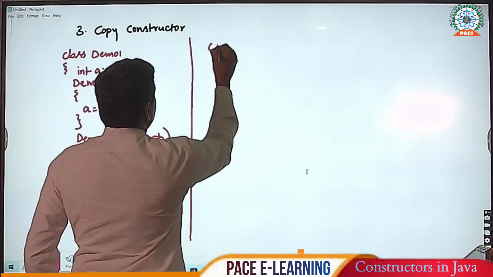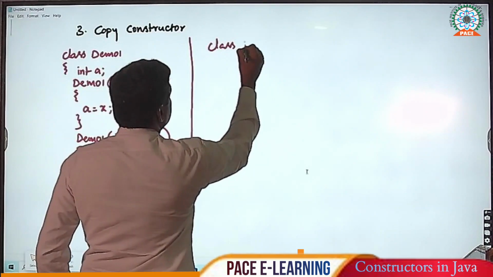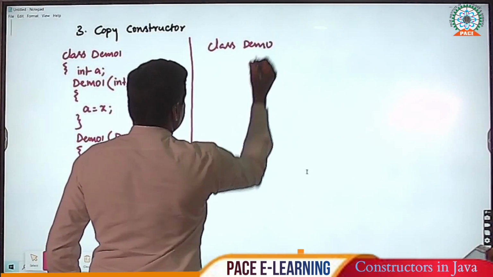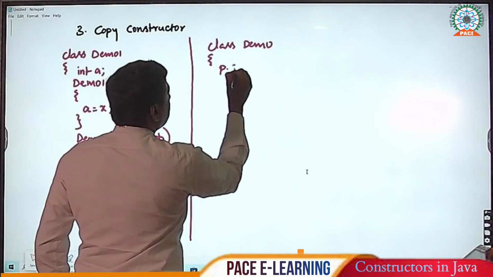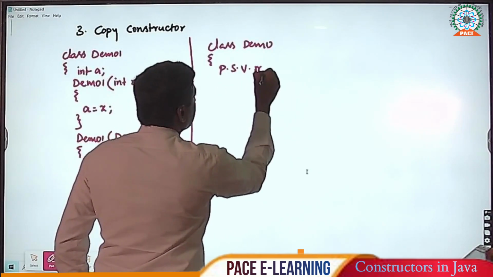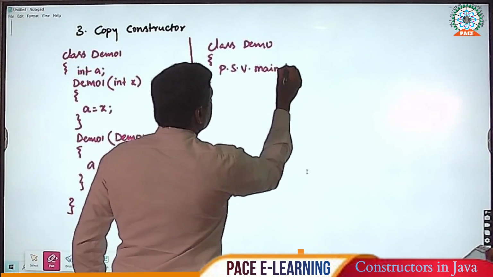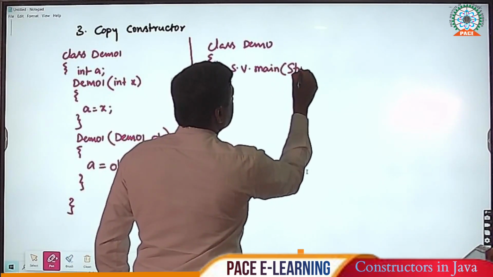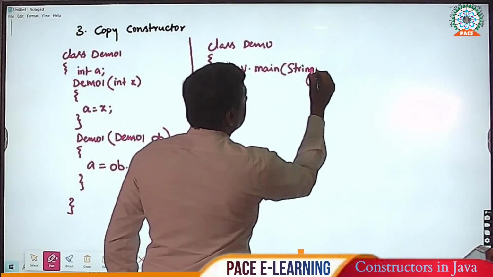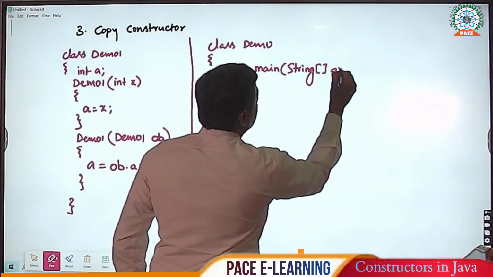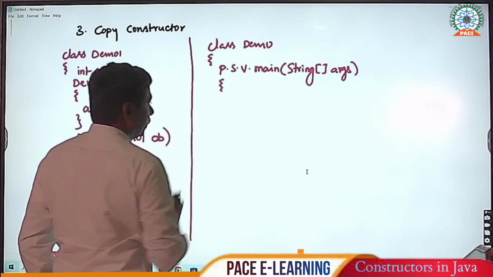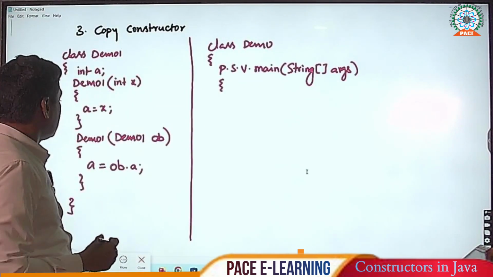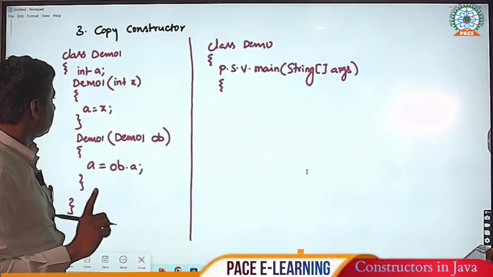I am writing one more class, that is class demo. Inside this demo, public static void main, String args. Good. Now I am going to create two objects.